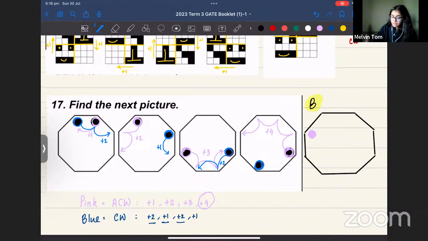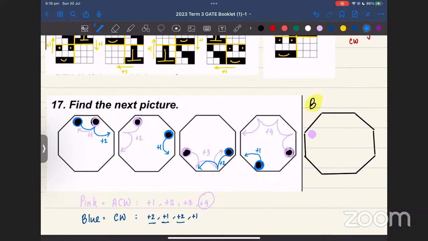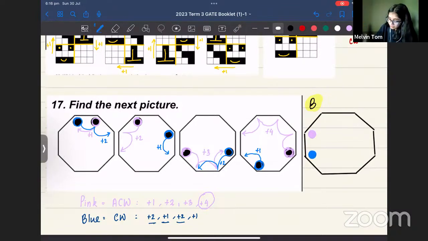So, as you can see, the pattern of the blue dot is +2, +1, +2. So the next one will obviously be +1. So we'll come all the way here, giving you your blue dot position right here. Let's see how that works. That's +1. And your blue dot is right there.